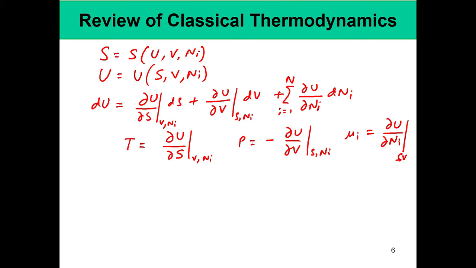Now, we can show that these definitions actually correspond to our known definitions of temperature, pressure and chemical potential. You can show that this quantity T will determine whether thermal equilibrium is attained.